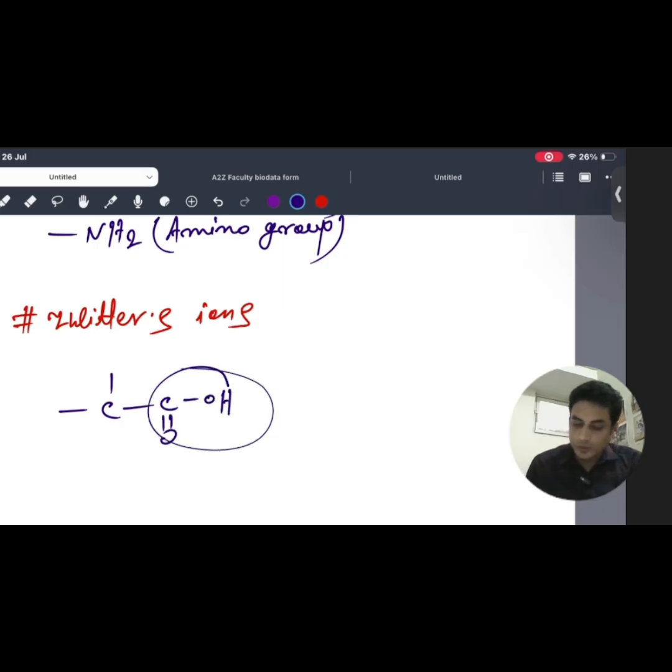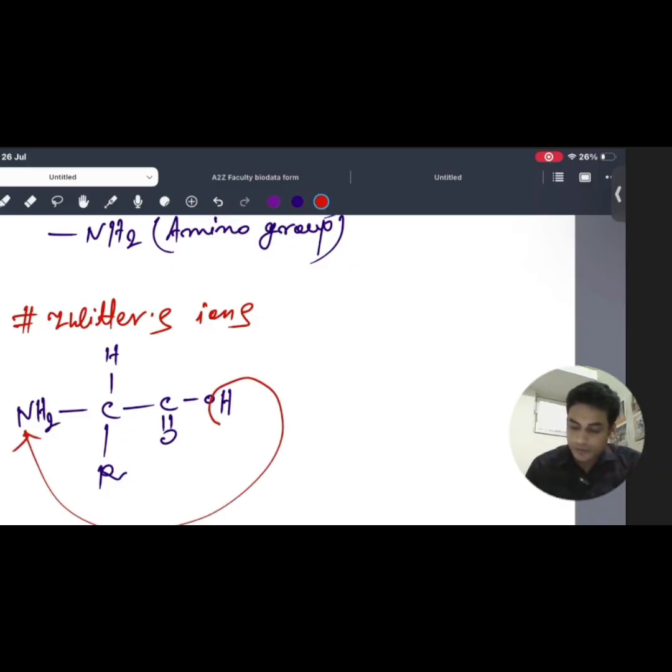This is the acidic group, which has a tendency to donate hydrogen, and the NH2 group is known as the basic group, which has a tendency to accept hydrogen. This is H, and this is the variable group, the R group. Simply, it donates hydrogen and it accepts hydrogen.